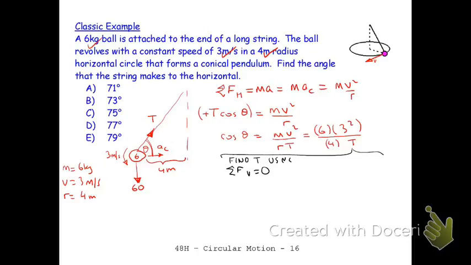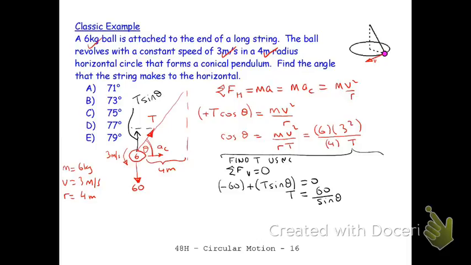And now look at my diagram. And I say, well, hold on. I have minus 60, and that's going to be t sine theta added to t sine theta is equal to 0. So t is equal to 60 over sine theta.